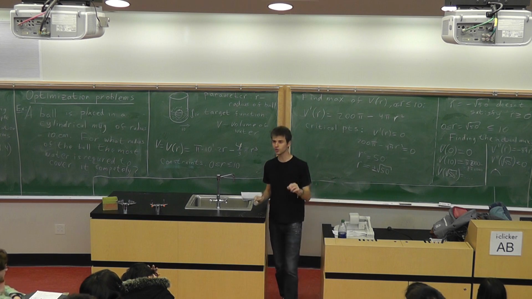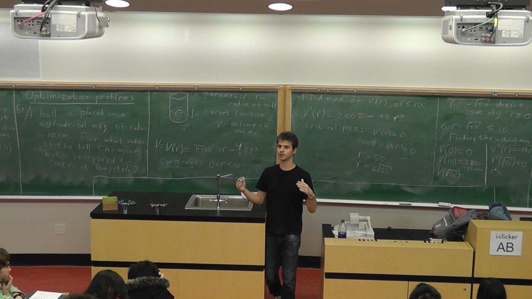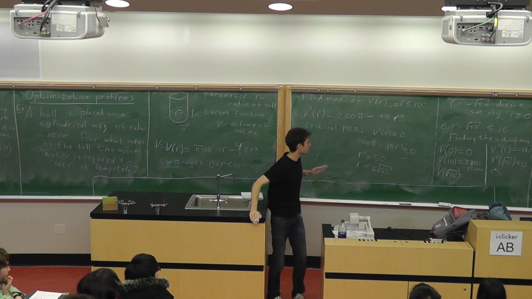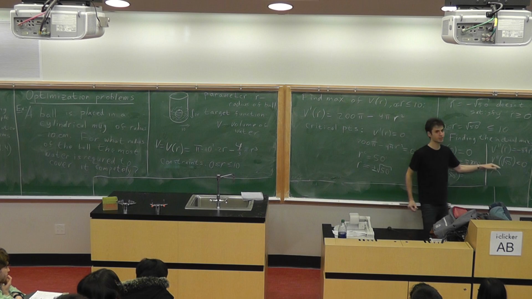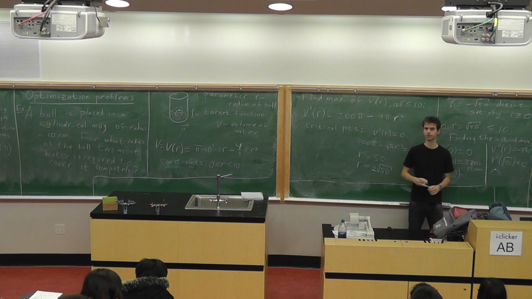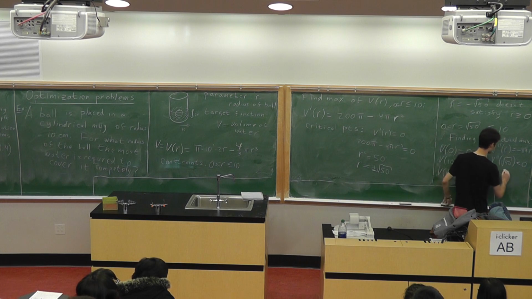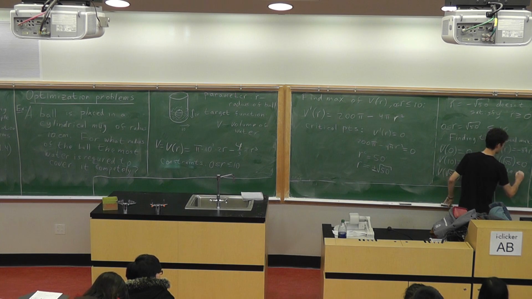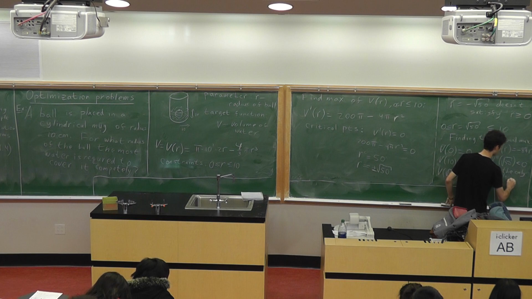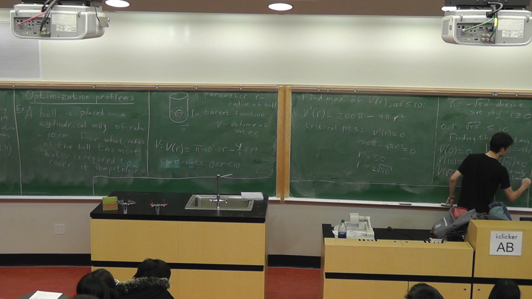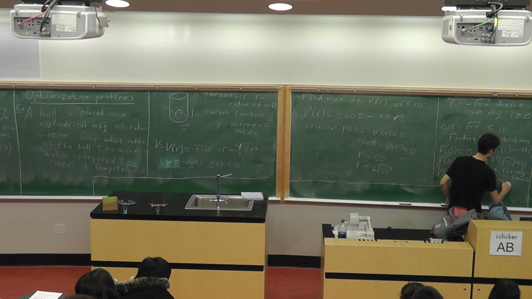But then it's the only local maximum on this interval. My function must increase all the way from 0 to this point, and then decrease from this point all the way to 10. So it's the only local maximum, hence it is the absolute maximum.